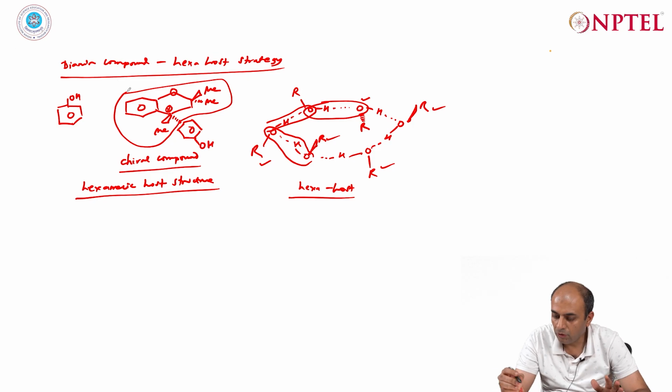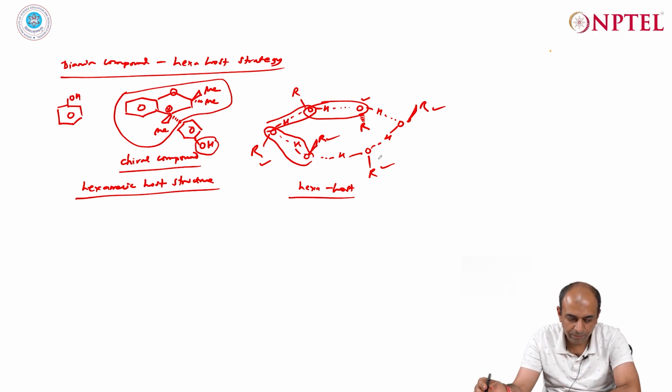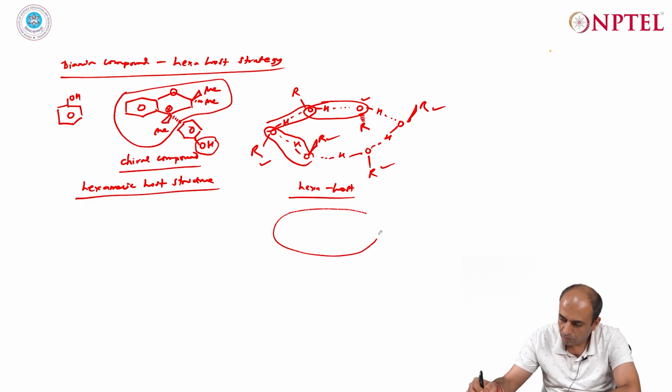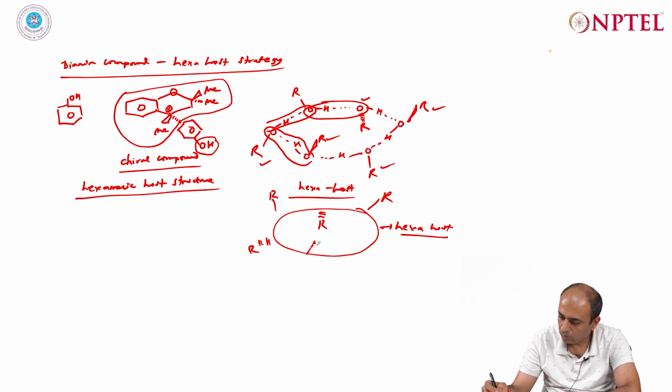And the formation of the hexa host is driven by this OH group, and you have this one particular hexa host, and then there is another hexa host arrangement in the bottom, and in between you will have some R groups present as well.